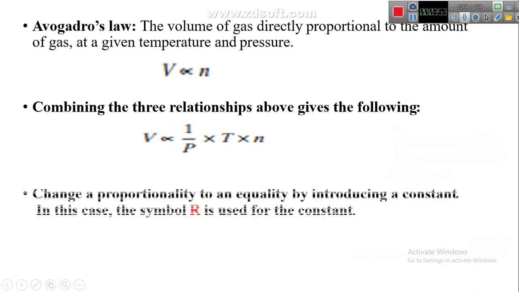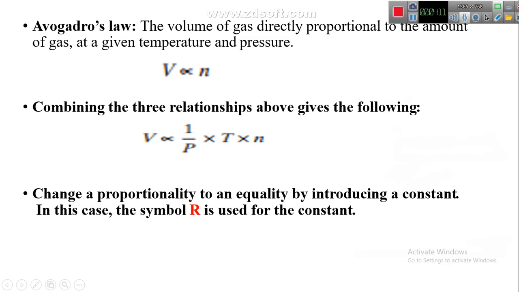Then we can change the proportionality sign to an equality.